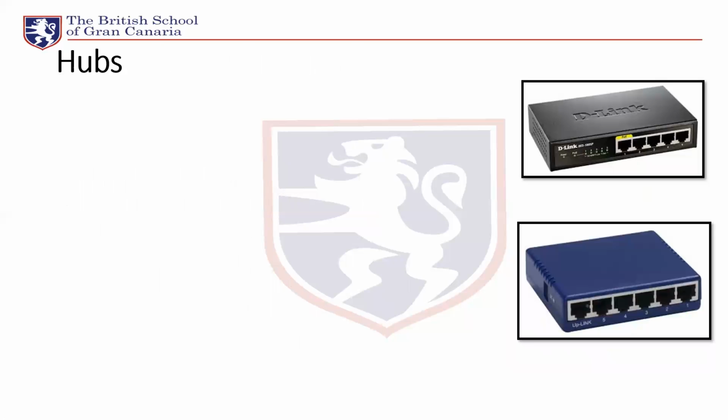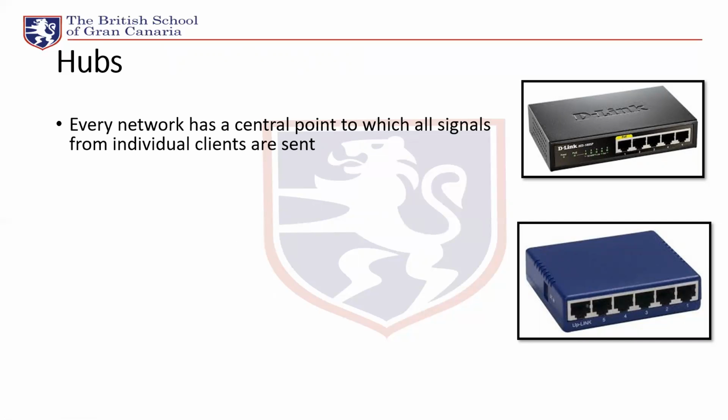Now hubs, I think last time I looked, these were pretty much obsolete. They're probably used in smaller networks, but most of the time it's switches that are used, and I'll discuss the reasons why. Every network has to have a central point where all the signals for the individual clients are sent. The client would be, you know, the desktop computer that's in front of you. The computers that would actually connect to hubs and switches are desktop computers.